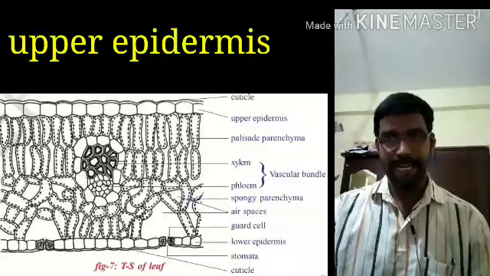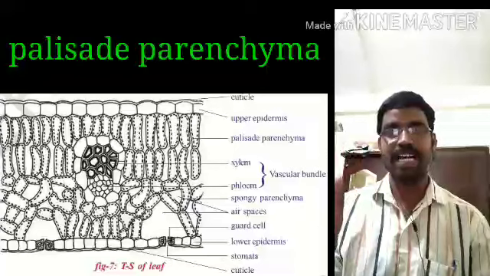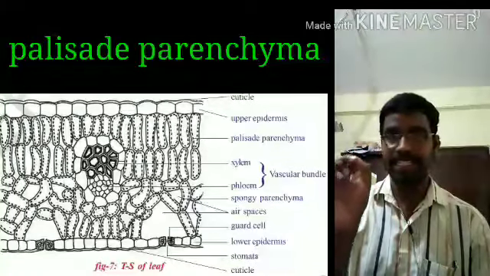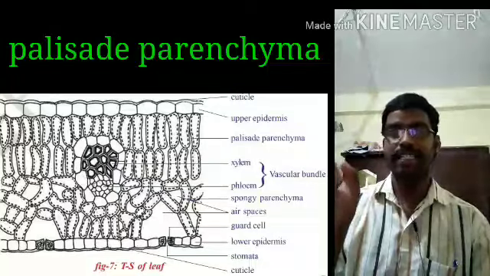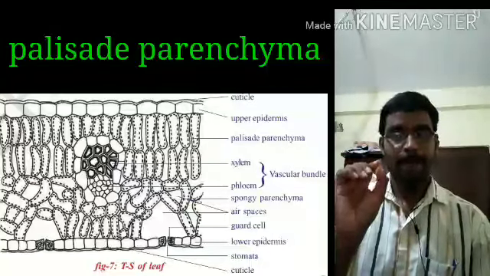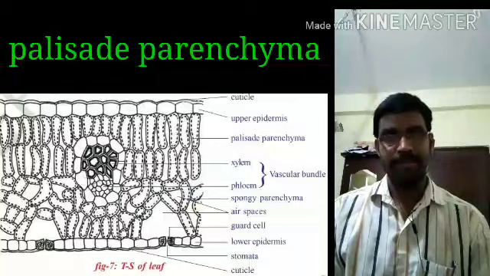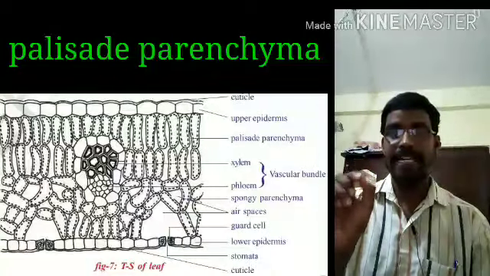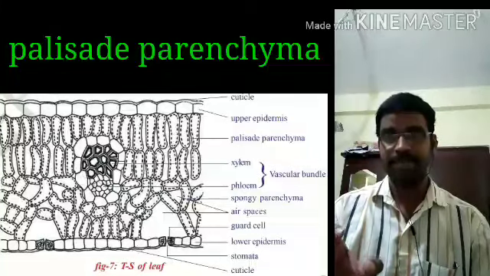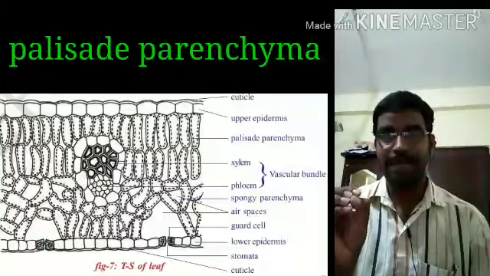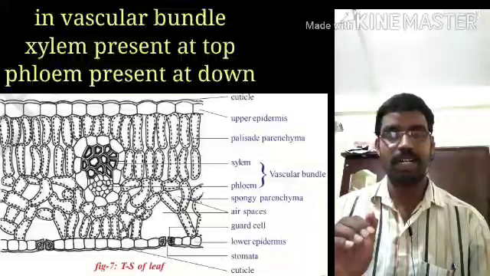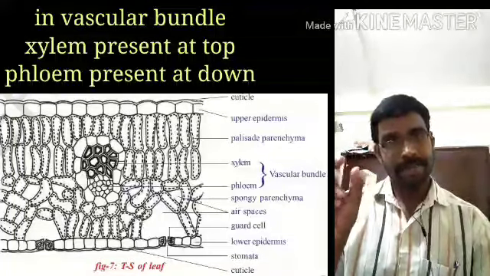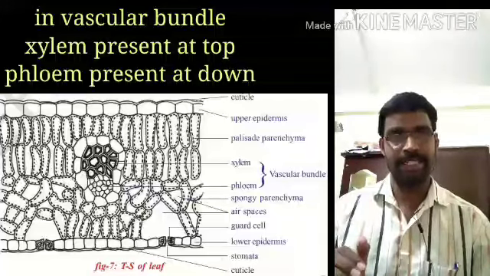Below the upper epidermis, we see some cells arranged in a particular way, and inside the cells we see some dot-like structures. It is called the palisade parenchyma. In the middle of the leaf, we see some cells that we can call vascular bundles. In them, xylem and phloem tissues are present.